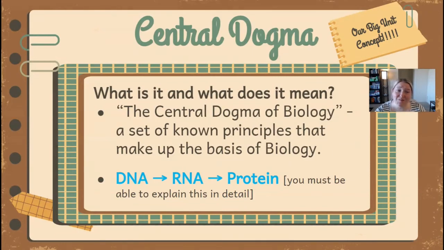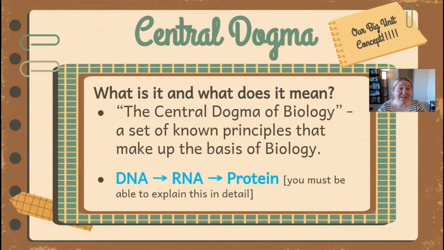So the central dogma of biology is pretty much a set of known principles that make up the basis of biology. In other words, all biology is based on this because remember that all living things use the template that is DNA. And we also know that central dogma is directly correlated to DNA gives us RNA, which gives us protein.